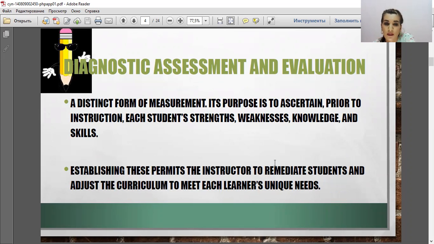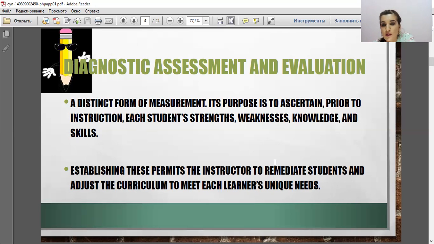So, diagnostic assessment and evaluation. What is it? A distinct form of measurement. Its purpose is to ascertain prior to instructions each student's strengths, weaknesses, knowledge, and skills. And establishing these permits the instructor to remediate students and adjust the curriculum to meet each learner's unique needs.